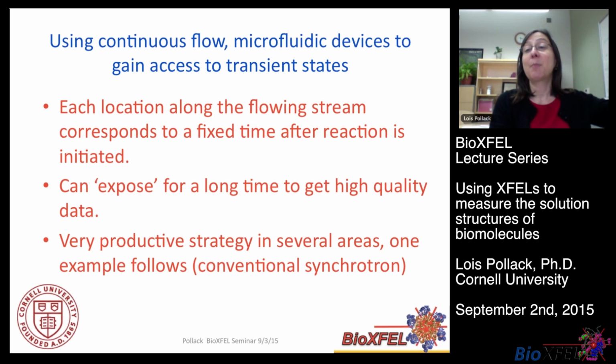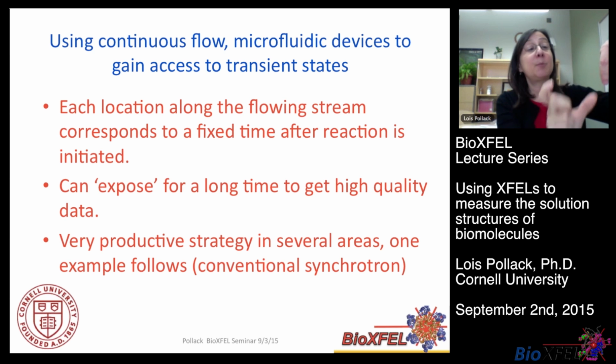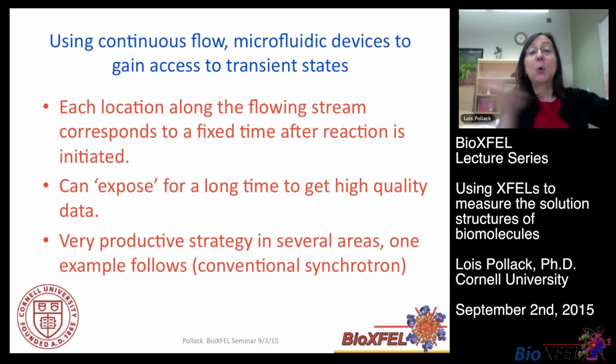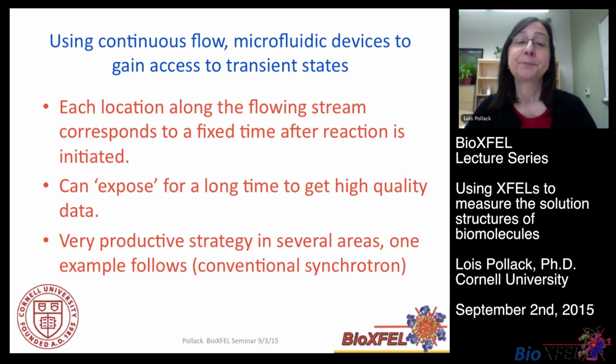It can be illumination by light. You can really design anything you want in there, and then your sample flows along a very well-defined path, and each location along this path corresponds to a fixed time after the reaction is initiated, and the proportionality constant is just how quickly the protein is flowing. So if you know how quickly your sample is flowing, you know where you're looking, you can tell what the time interval is between the excitation and your detection point.